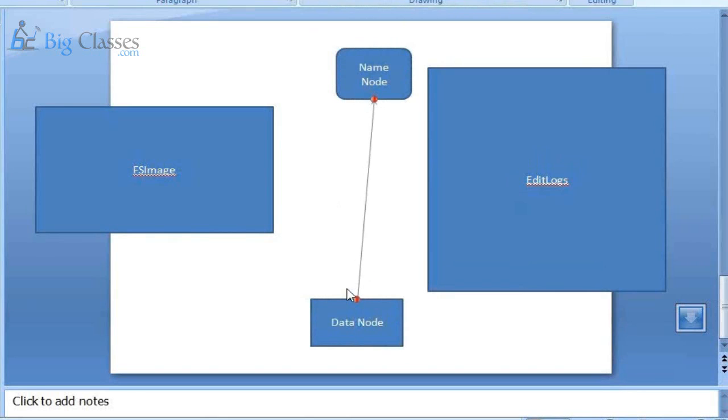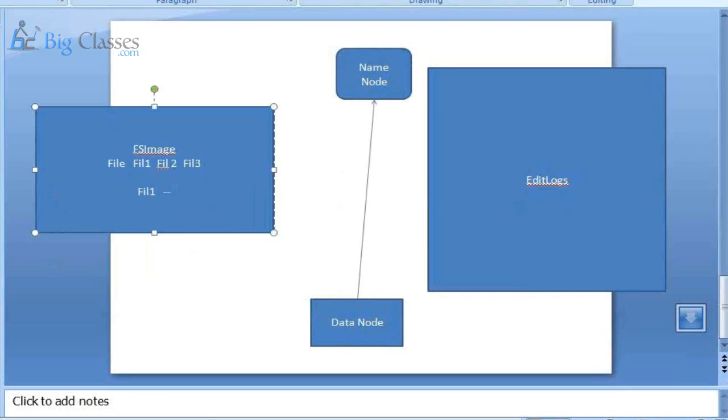Let me tell you one thing. Earlier in the FS image, you have a particular file which is split into file 1, file 2, and file 3.